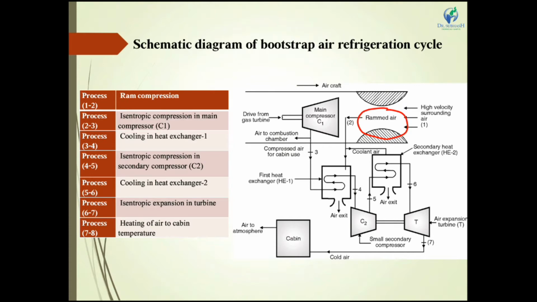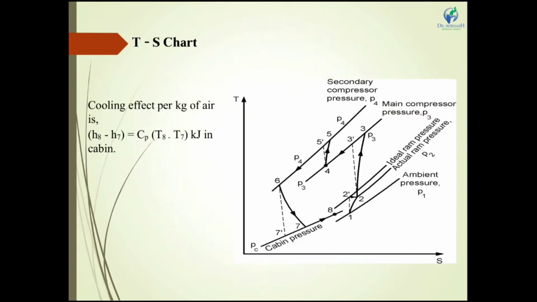Then the air passes through the main compressor C1. Most of the air, about 90%, passes through the main compressor, and the remaining air is passed through the cooling heat exchanger. After the compression process, the pressure and temperature of the air increase.